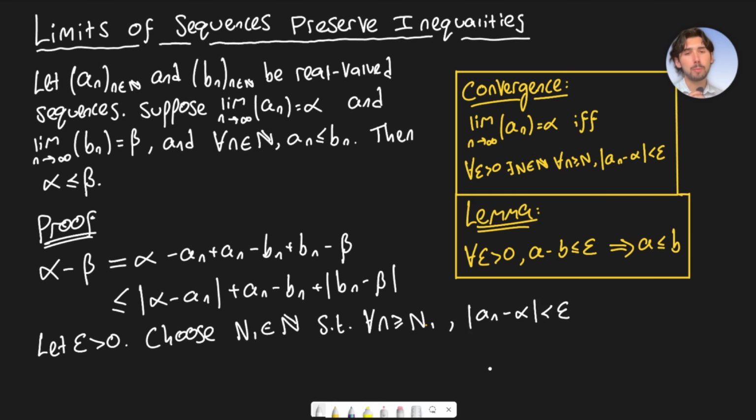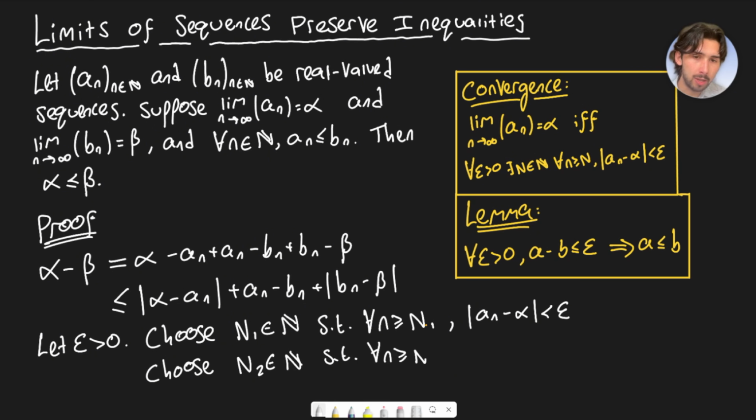It's possible for me to do that, of course, because we know that an converges to alpha. It's also possible for me to find some capital N2, let's say, in the natural numbers, such that for all n bigger than or equal to N2, the distance between bn and beta is less than epsilon, for the exact same reason, because bn converges to beta.